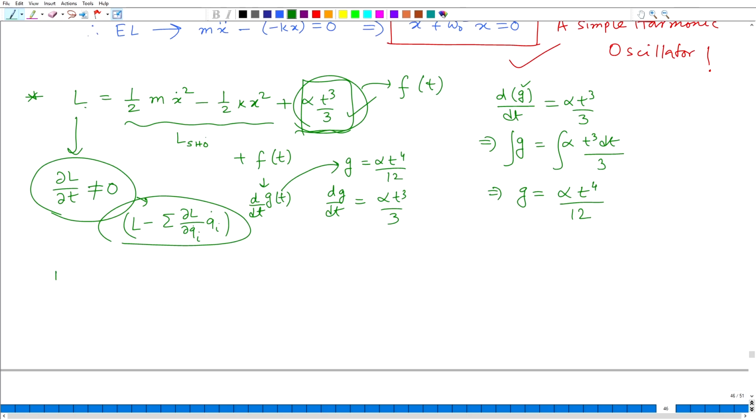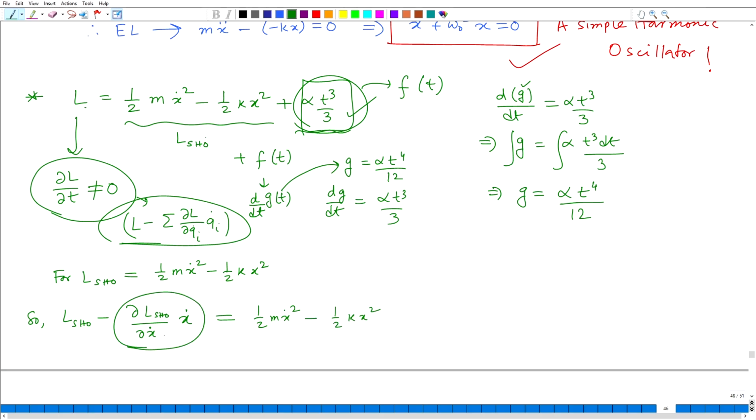So, just for L_SHO, half m x dot square minus half k x square, and that is why you can always have, so this function is L_SHO minus del L_SHO del x dot times x dot, which is nothing but half m x dot square minus half k x square minus m x dot square, which will be minus half of m x dot square plus half k x square.